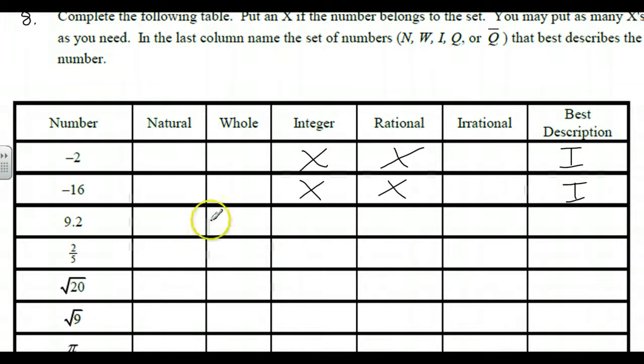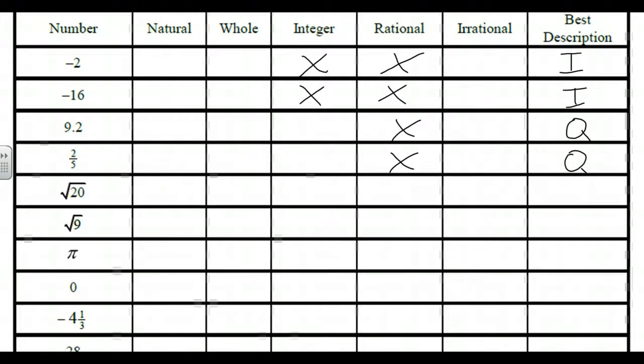9.2, well, that's not natural, nor is it whole, nor is it an integer, but it is rational. And remember, that's a Q. 2/5, 0.4, also just rational. Q. All right, let's just do this. Root 20, it's irrational, and that's a Q with a bar.